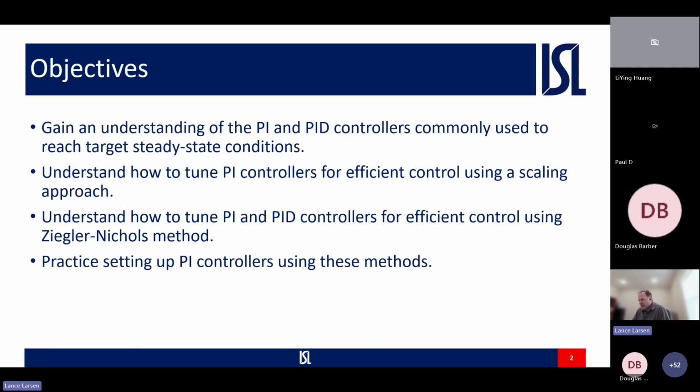All right, so this presentation will be talking about PI controllers in TRACE with SNAP. And so the intent of this part of the webinar is to gain an understanding of PI and PID controllers. These are commonly used in models to reach steady state conditions. They're particularly useful when you're trying to reach multiple steady state conditions all at once, because the controllers can adjust the controls to target specific conditions concurrently.